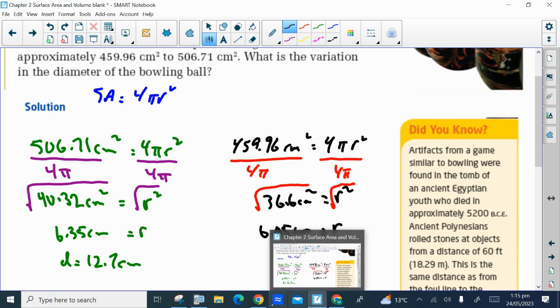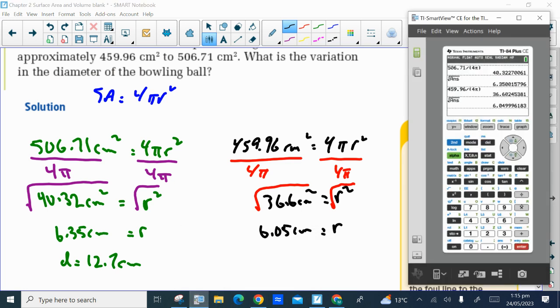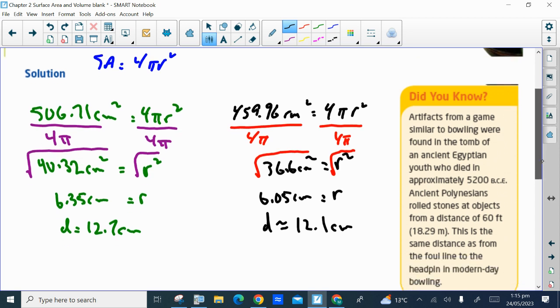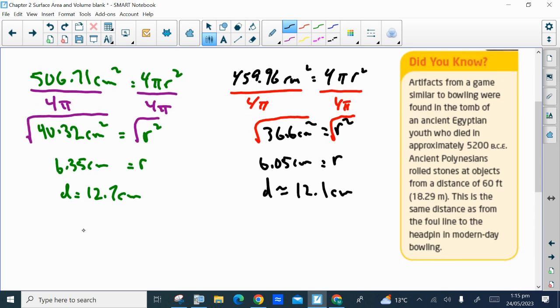And if we double that, we'll get the diameter. So approximately 12.1 centimeters. So there's your variation in your diameters. It'll go between 12.1 centimeters and 12.7 centimeters. There's the variations in the diameters.